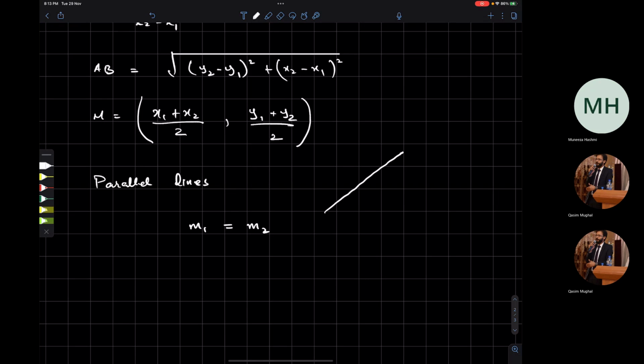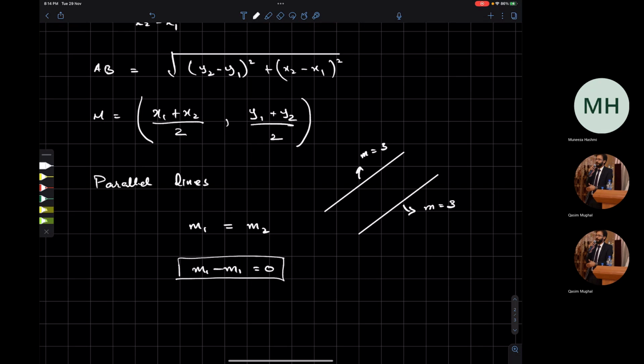For example, if you have a line and another line which is exactly parallel to this one, and the gradient for the first one is, let's say, 3, then it's understood that the gradient for the other one is going to be 3 as well. So mathematically, if I move this m2 to the left-hand side, I can rewrite the same equation as m1 minus m2 equals 0. Okay?